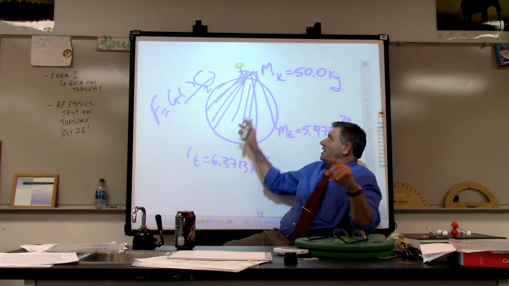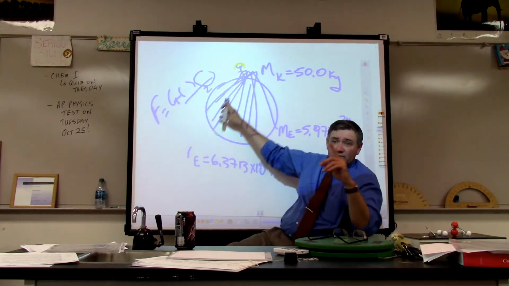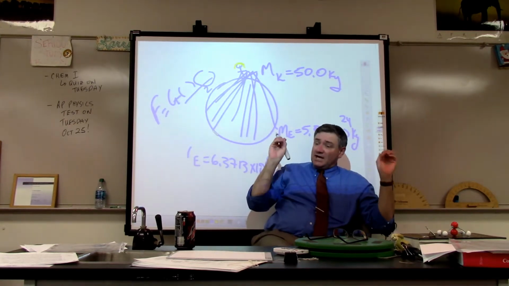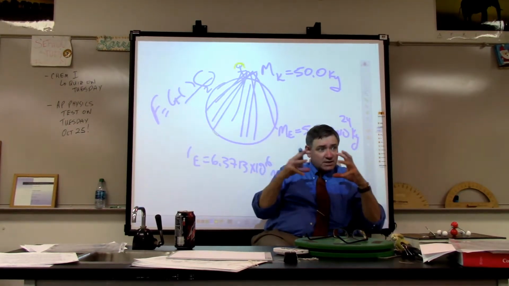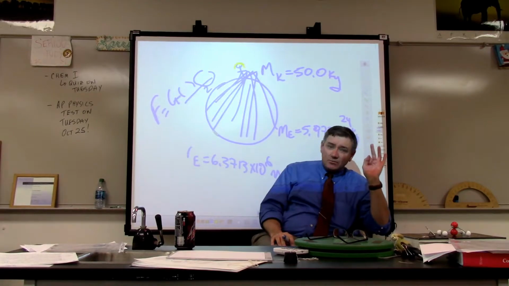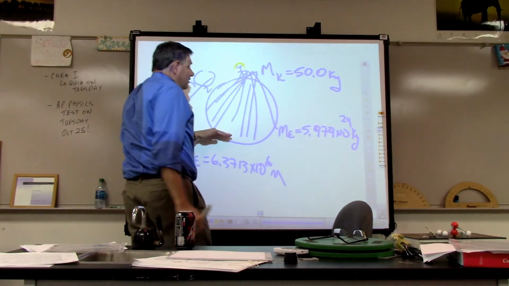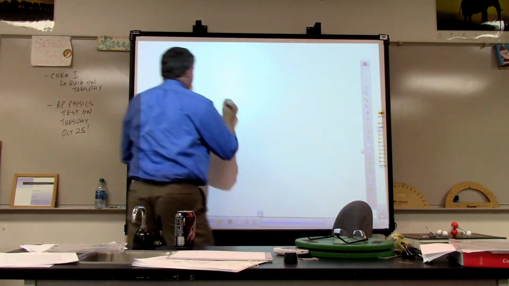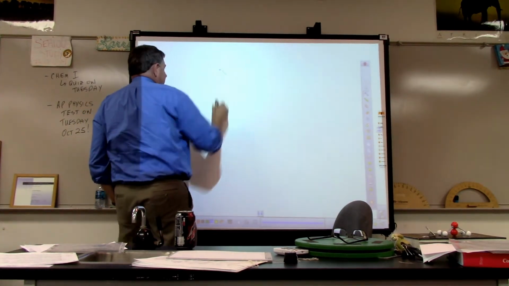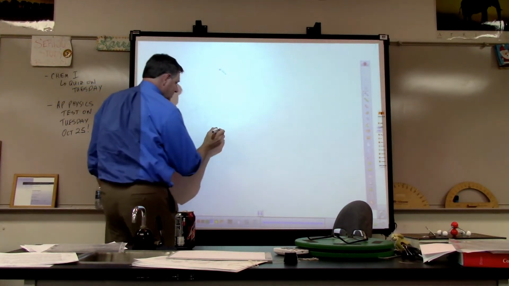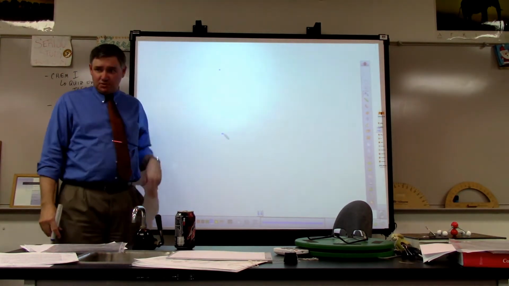Then we're going to do the same thing with the Earth and compress it until it's a single point mass. So basically, instead of doing all of this, we're going to say that there's Kendra, there's the Earth. 2 points.